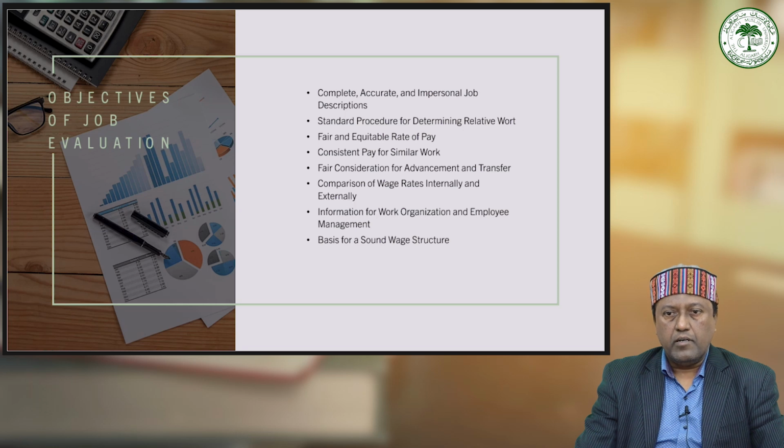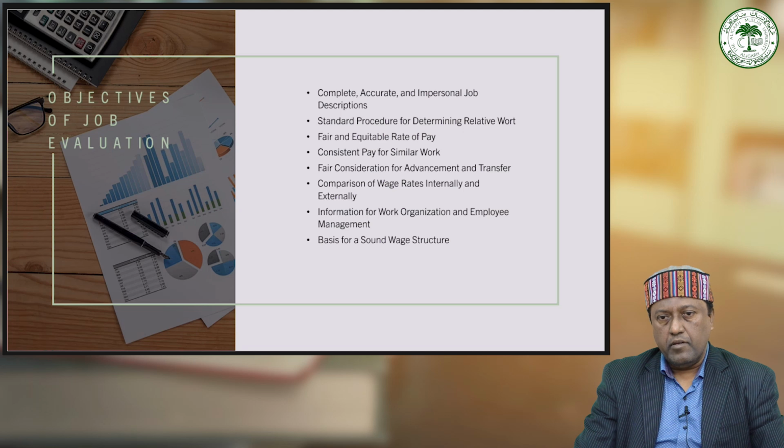Ensuring that like wages are paid for similar work promotes fairness and consistency within the organization, reducing the likelihood of disparities in compensation for jobs requiring comparable risk and responsibilities.